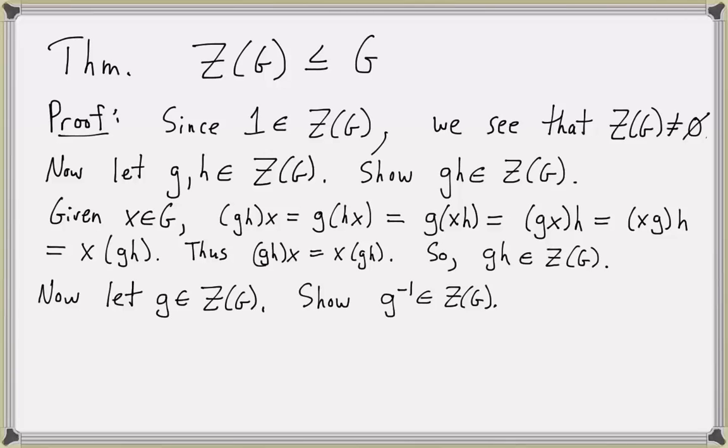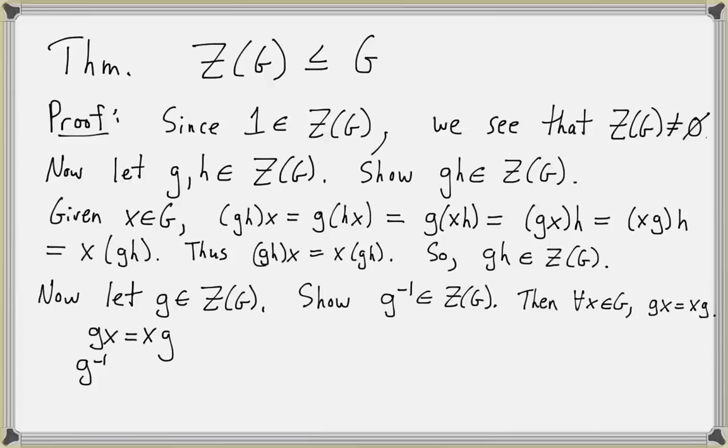Since g is in the center of G, then for all x in G, we know that gx equals xg. But then taking this equation gx equal to xg, first let's multiply both sides of this equation on the left by g inverse, and then we'll multiply on the right by g inverse and simplify. So we start off with gx equal to xg, and multiply both sides on the left by g inverse.